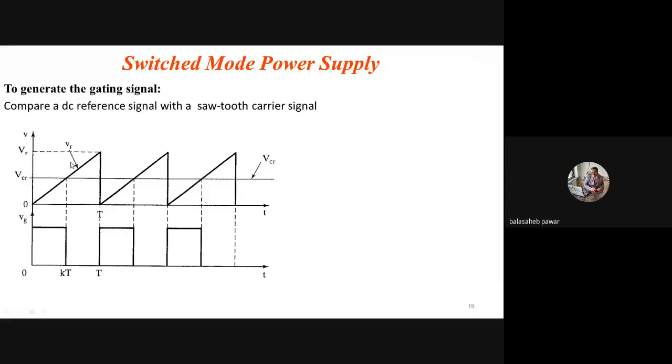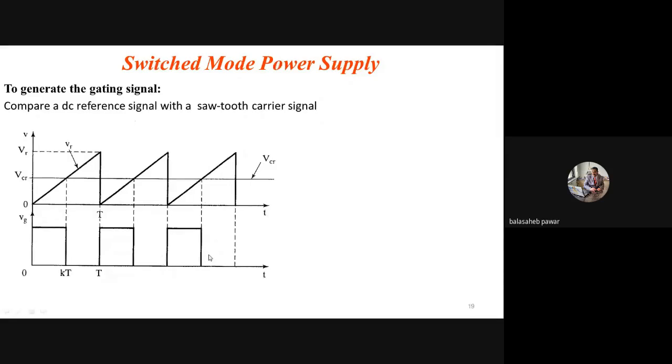Or you can call that straight line a reference and sawtooth a carrier also, no issue. When you apply these two signals to a comparator circuit, that also we will study in detail when the OPAMP part starts and its applications. At this stage, no need to worry, because by taking the same example, I will show you how those pulses get generated by using an OPAMP as a comparator.